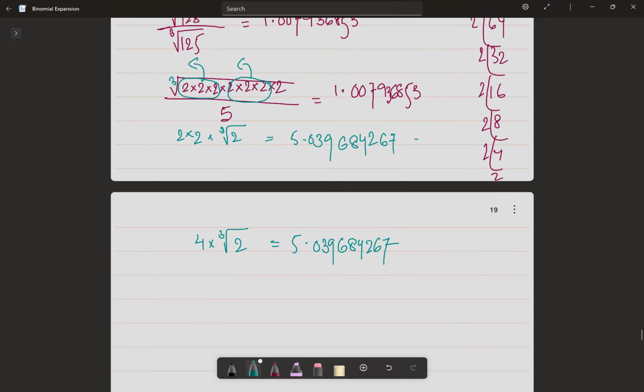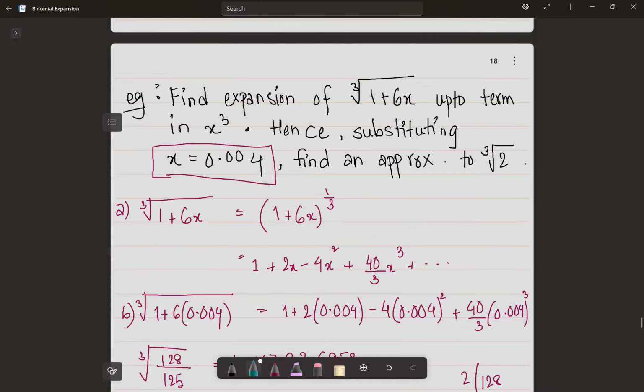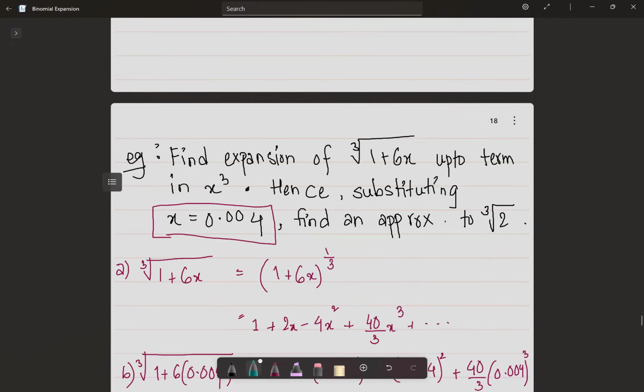So we have cube root of 2 is equal to this big number divided by 4, which gives you 1.25992167. So this is exactly what our question asked us to find. We were asked to find an approximate or an estimate for cube root of 2. And we have found that out.